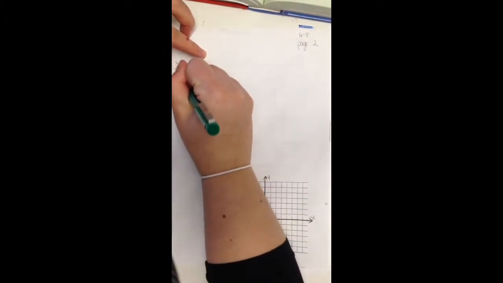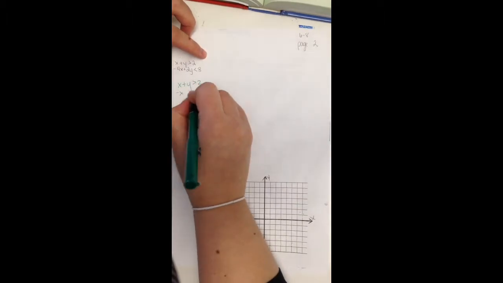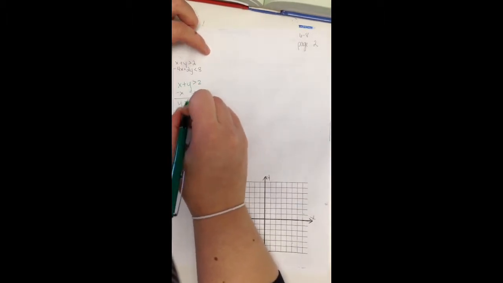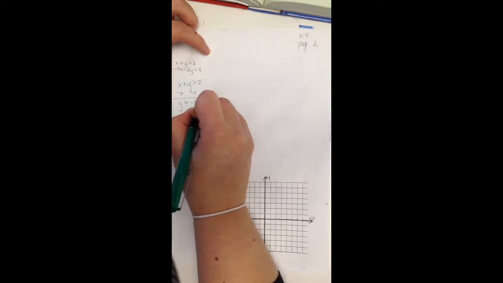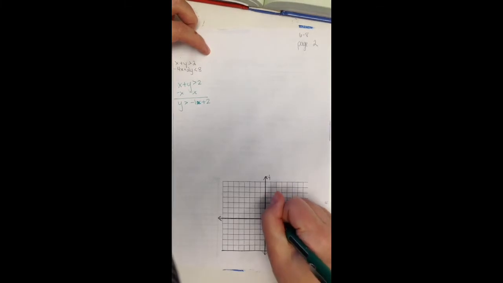So I have x plus y is greater than 2, trying to make it slope-intercept form, so I subtract the x. And I have y is greater than -x plus 2. So my intercept is at 2. I have a slope of -1.